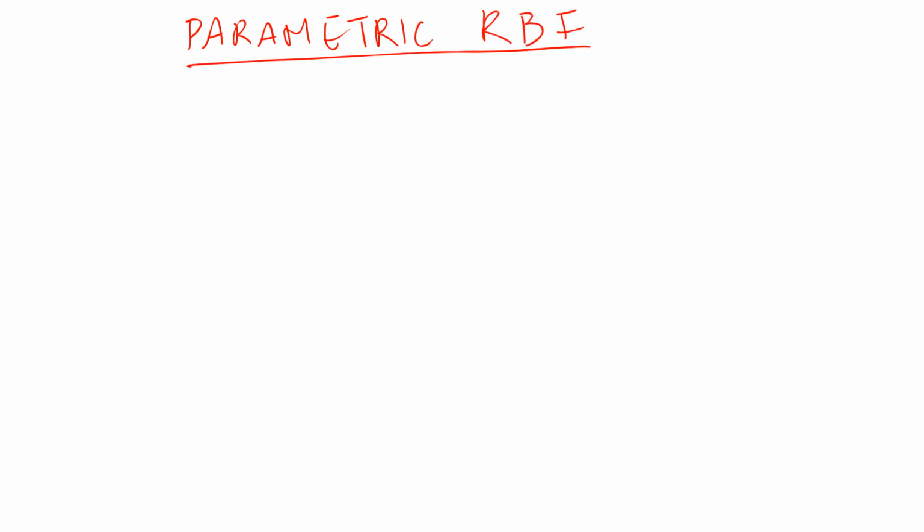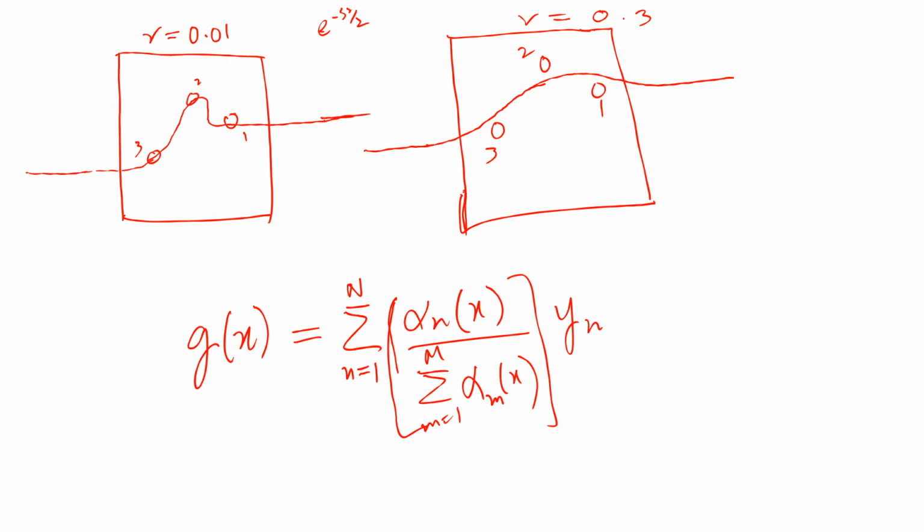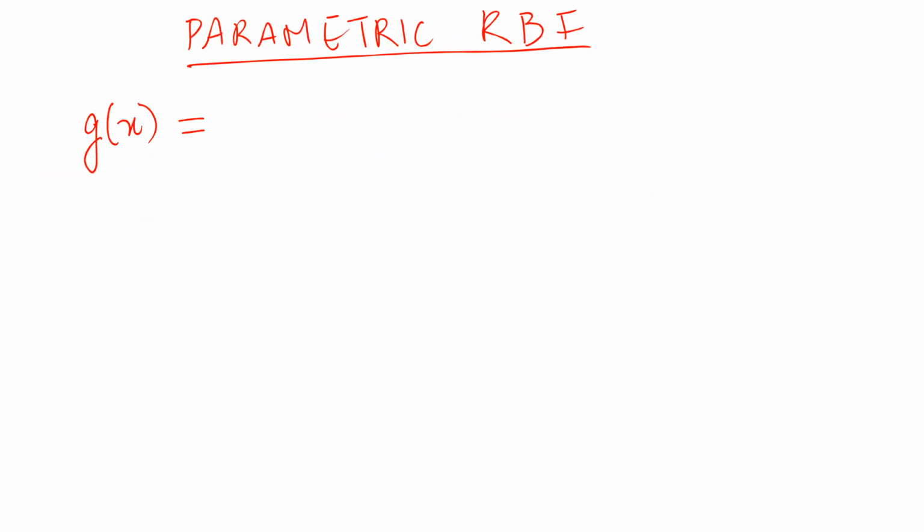So what is that? As I said, I will just be rewriting things, rearranging things, and we'll see why we're doing that. So my g of x, the equation that I just wrote here, I'm going to rearrange. I'm writing the summation, of course, and then we have this y n over the alpha m of x, and m is from 1 to m.